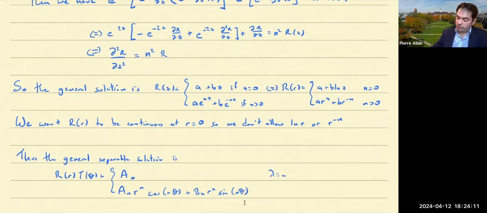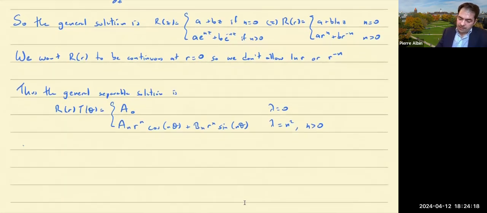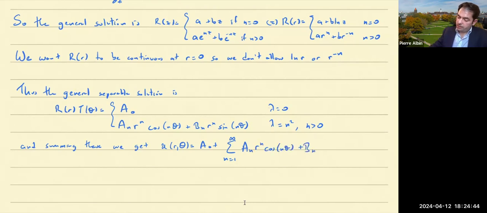So this would be for lambda equal to 0, and this would be for lambda equal to n squared with n positive. And summing these, we get u of r comma theta equal to a0 plus the sum n goes from 1 to infinity of a_n r to the n cosine n theta plus b_n r to the n sine of n theta.